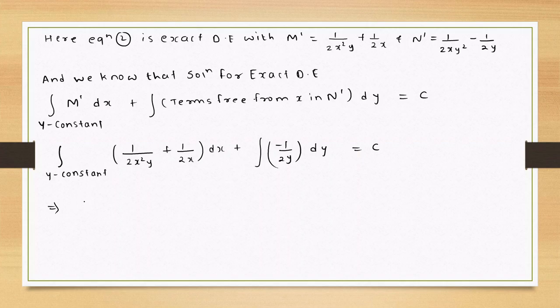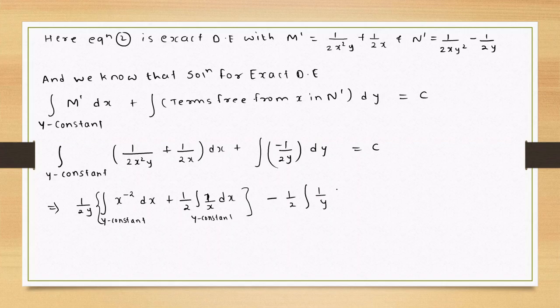So we take the 1 upon 2y constant and we can write this x square as x raised to minus 2 dx, plus 1 by 2 into 1 upon x dx, y constant, minus 1 upon 2 integration of 1 upon y dy is equal to c.